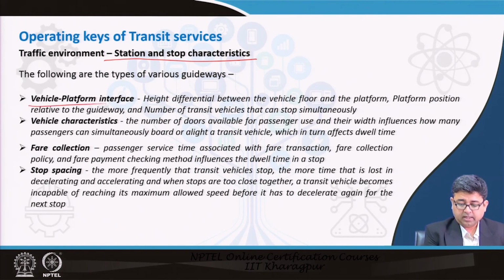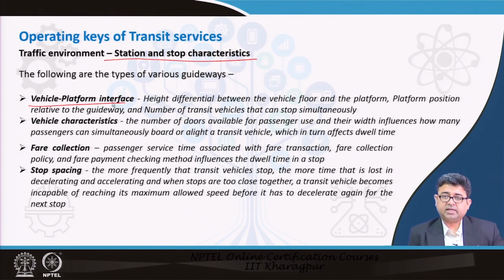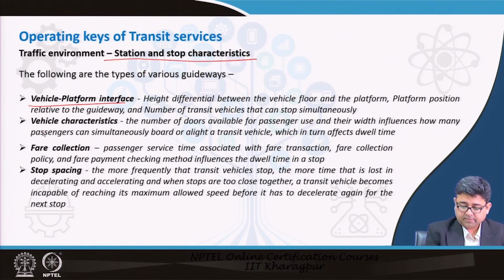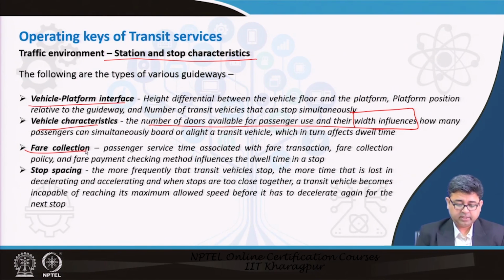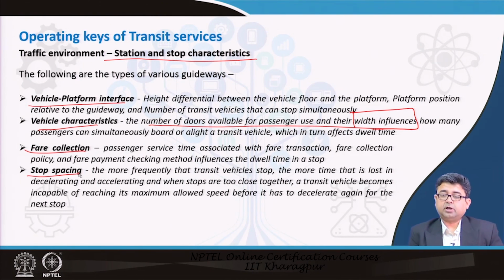Vehicle platform interface: if there is a station and there is a difference between the height of the vehicle that you want to alight and board, and your station surface, then that creates a problem. Different types of vehicle characteristics, such as the number of doors available, which we have already talked about, and their widths also influence the capacity or the dwell time. Fare collection we have already looked at, and stop spacing also.